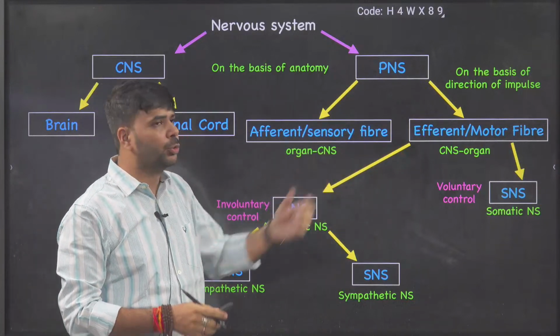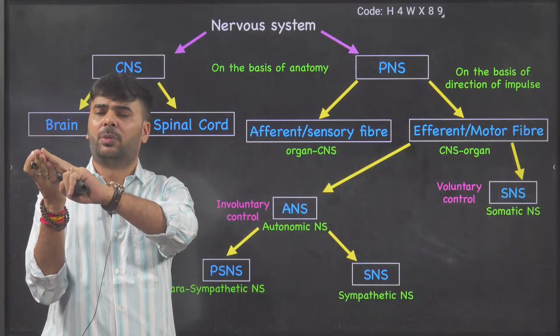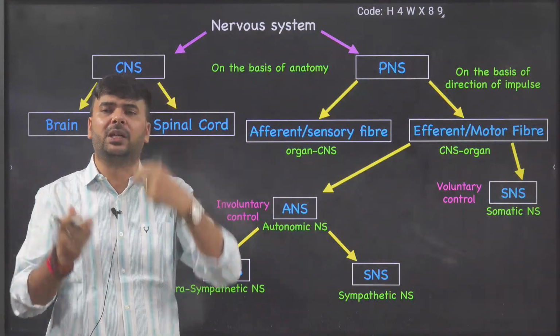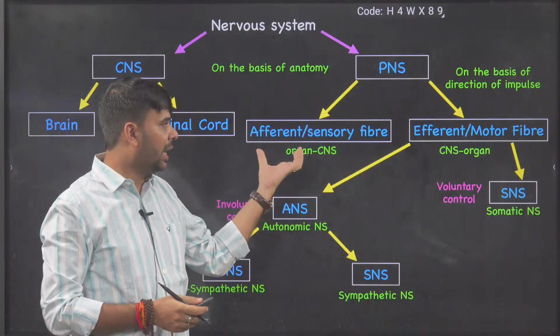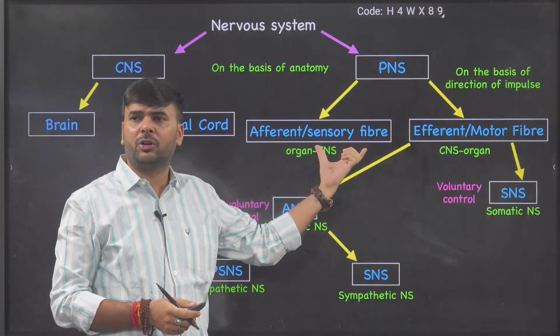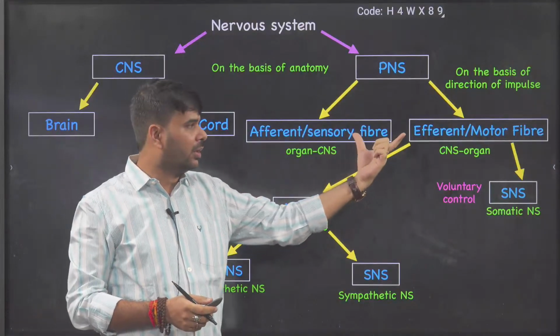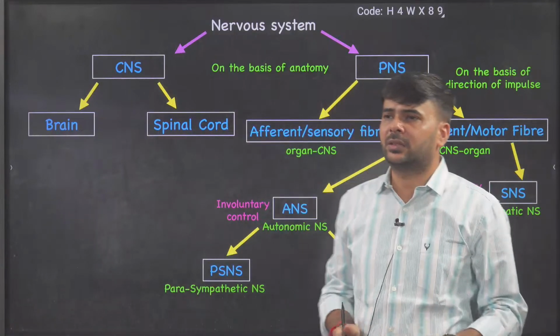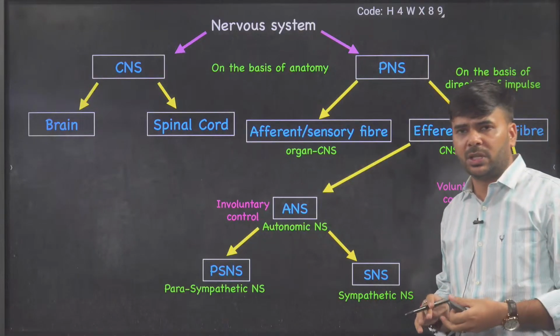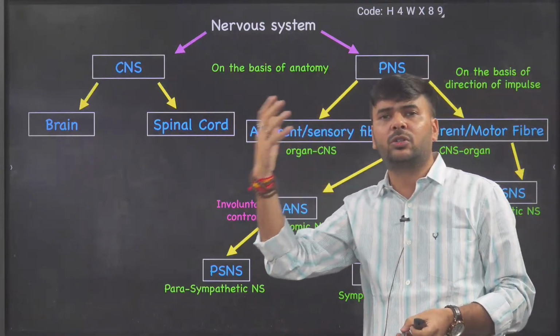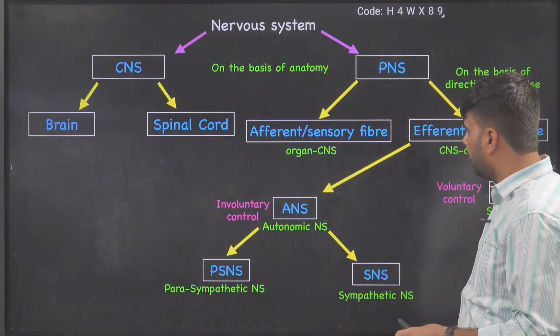Afferent, organ to CNS, means from our body organ to CNS, brain and spinal cord. That impulse carrier is called afferent system or afferent fiber or sensory fiber. Then efferent is from CNS, from brain and spinal cord, to organ. It is called efferent system.